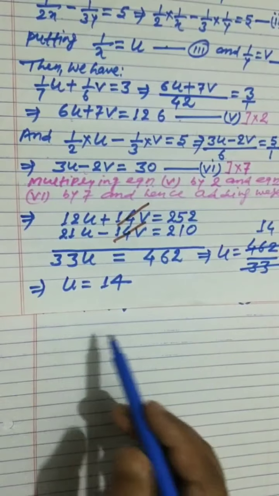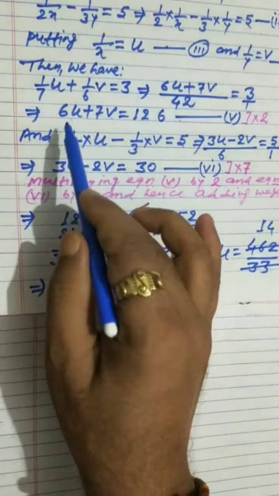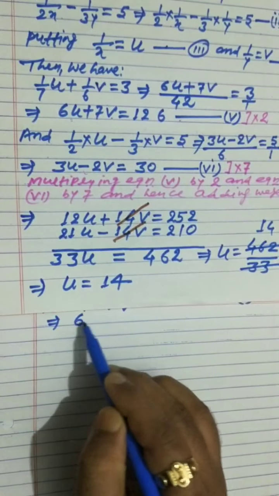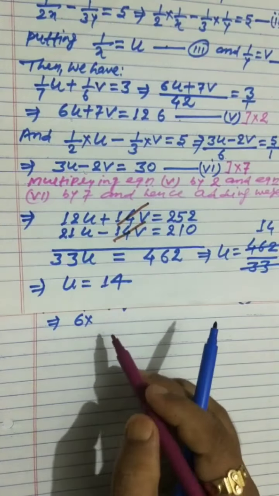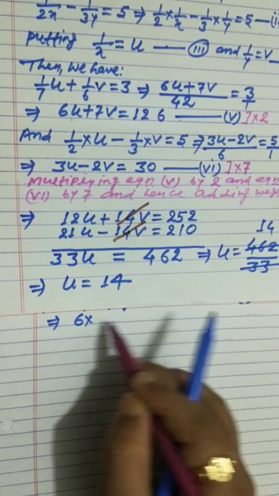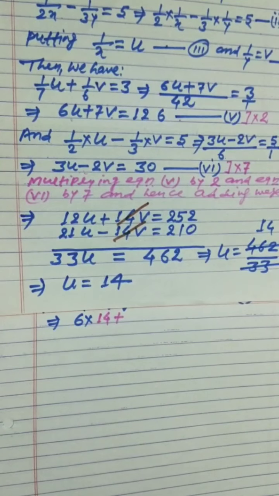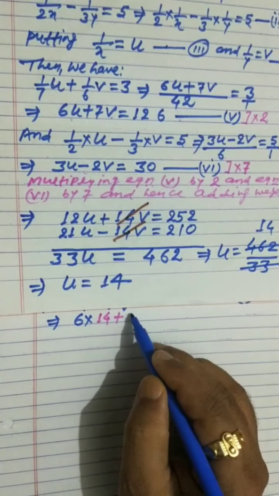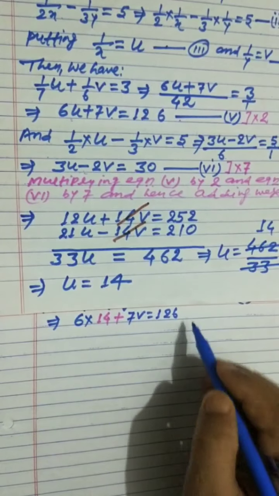So let us put it. It will be 6u, so 6 multiplied by 14, at the place of u you have to put 14, plus 7v is equal to 126.